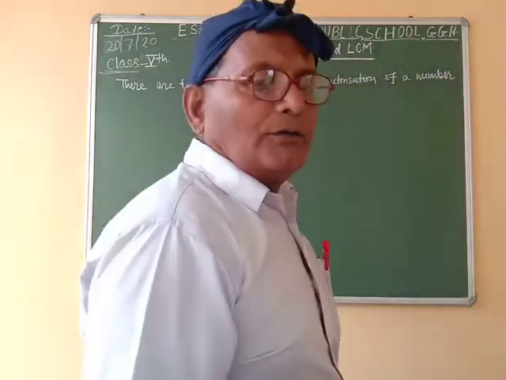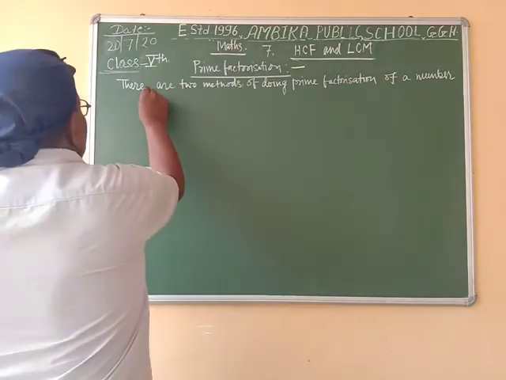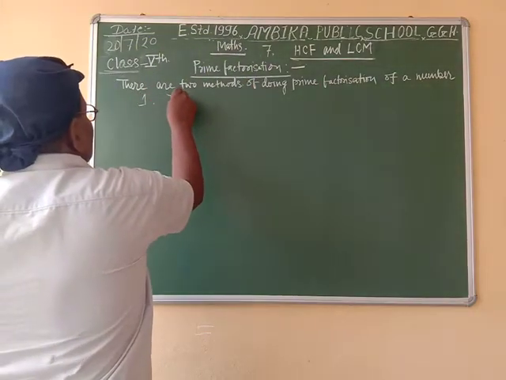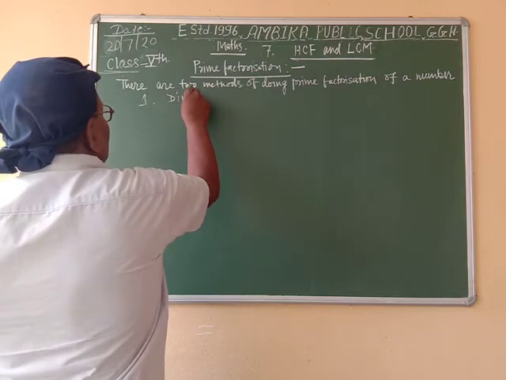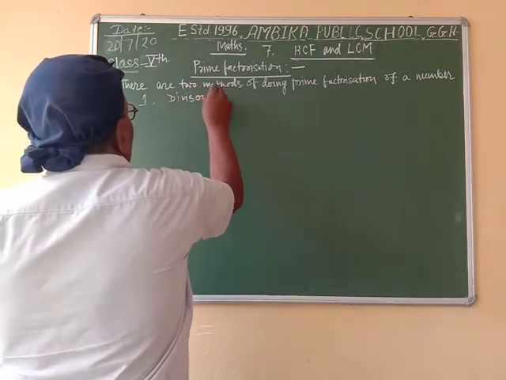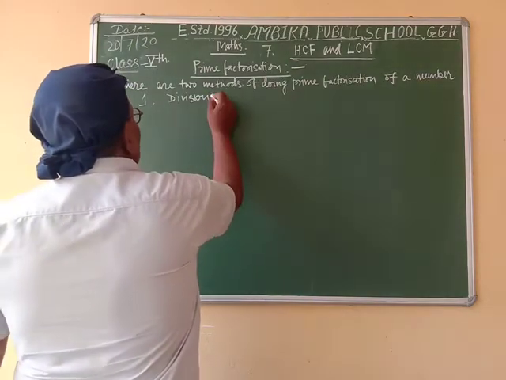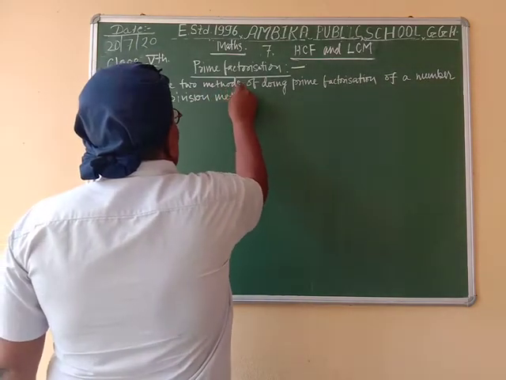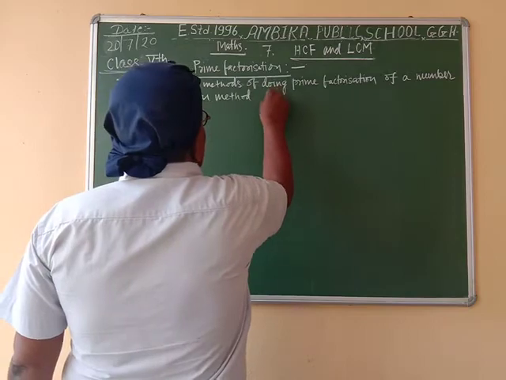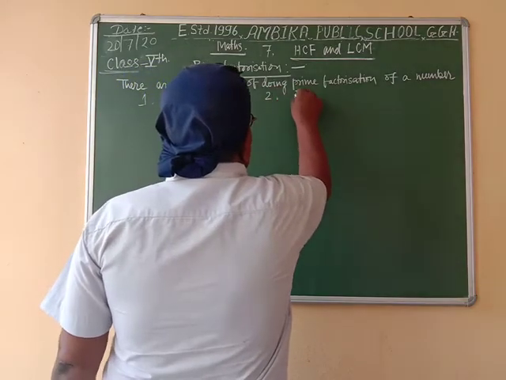First method is called division method, and second method is called factor tree method.